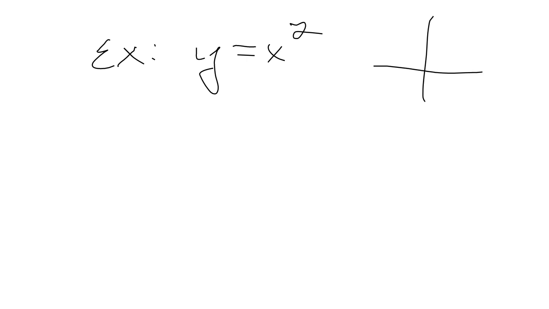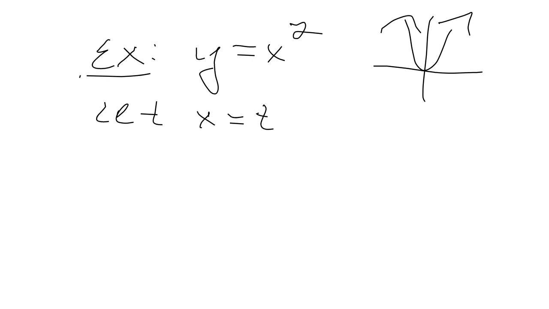But what if we got, like, if we have y equals x squared, how would you define that parametrically? Well, that's continuous, right? I mean, we can draw the graph. It's a parabola sitting on the origin, right? So it is continuous. So we can say, hey, if we define it parametrically and we want to rewrite it, we can let x equal t, and then y equals what?